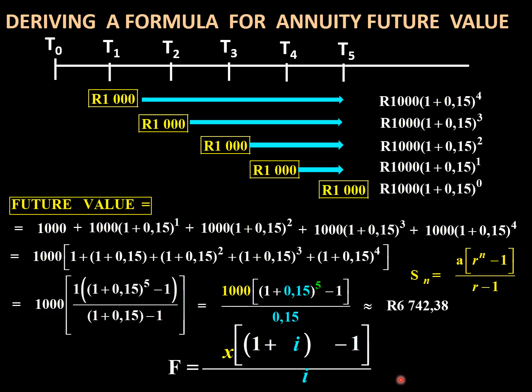And there we have the formula for future value, where this X represents the regular deposits, the I is the interest rate, and the N is the number of payments being made. We derived a formula for future value. You won't be required in the examination to prove this formula, but it is just for you to understand the concept of the future value of an annuity formula.